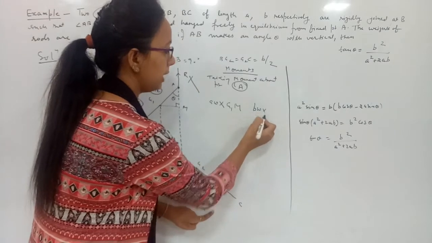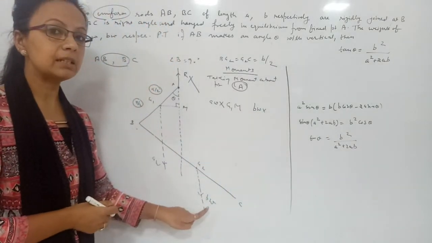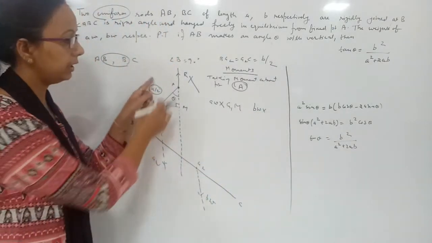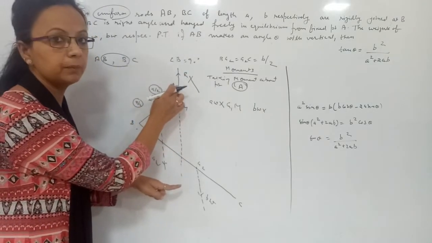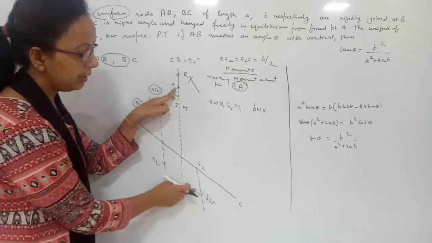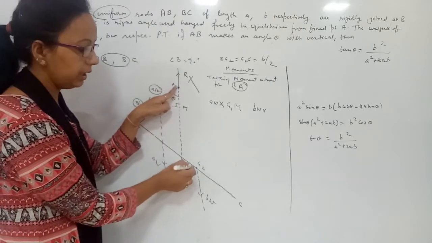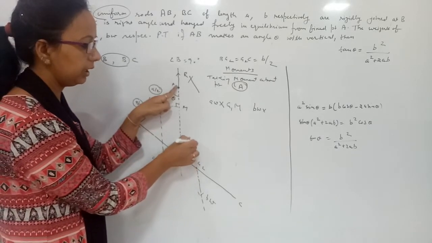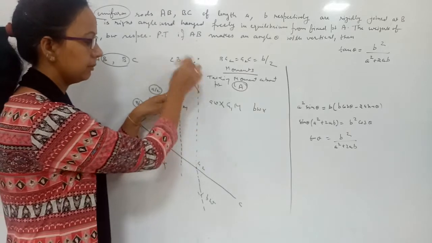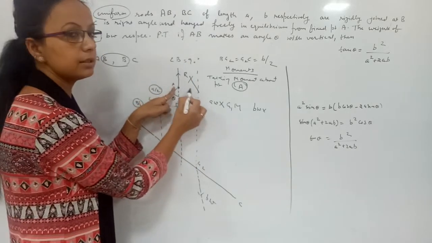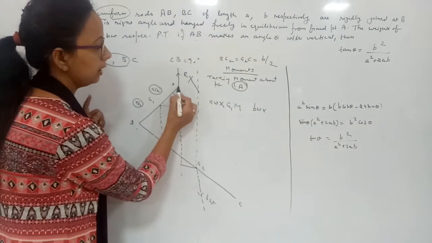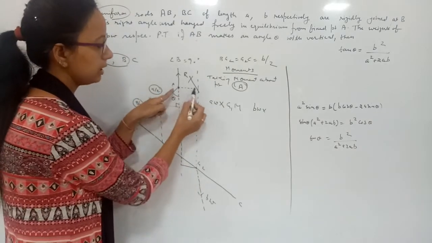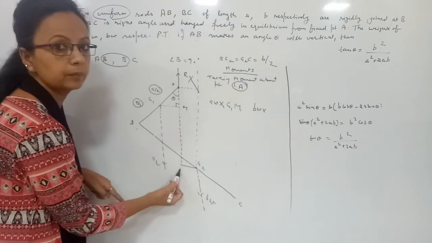Now what is the moment of BW? Force multiply its perpendicular distance. अब इसका परपेंडिकुलर डिस्टेंस मुझे फिर से ड्रॉ करना है. ये हमारा A पॉइंट है. अगर आपने A से इसका परपेंडिकुलर डिस्टेंस ड्रॉ करना है तो या तो हम इसे पीछे प्रोड्यूस कर लेंगे like this. So this is our perpendicular distance.